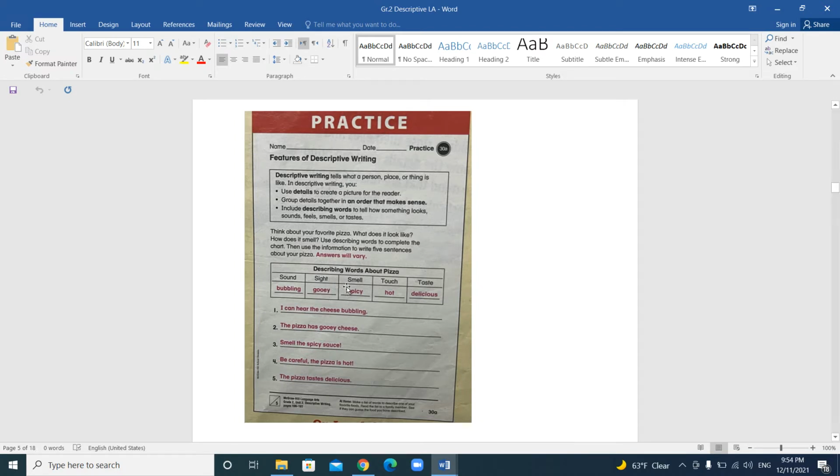Smell, some of you said it smells like tasty cheese, or some of you said spicy. Some of you said I can smell the, I don't remember, but anyway, you can write whatever you smell, whatever your pizza's made of.